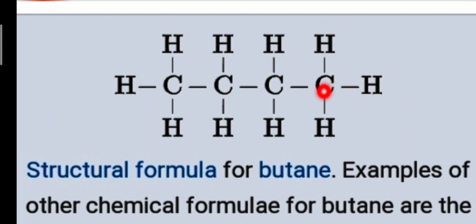This terminal carbon is bonded with 3 hydrogen atoms, and these two central carbon atoms are each directly bonded with 2 carbon atoms and 2 hydrogen atoms, and in total each carbon also forms 4 covalent bonds. This terminal carbon is directly bonded with 1 carbon atom and 3 hydrogen atoms.